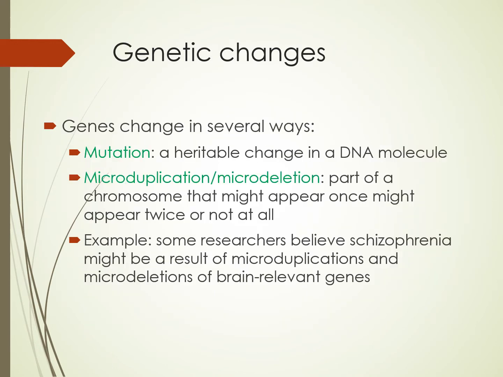And genes change in several ways, which is going to be repeated very briefly when we talk about evolution. We can have mutations, which is a heritable change in a DNA molecule.